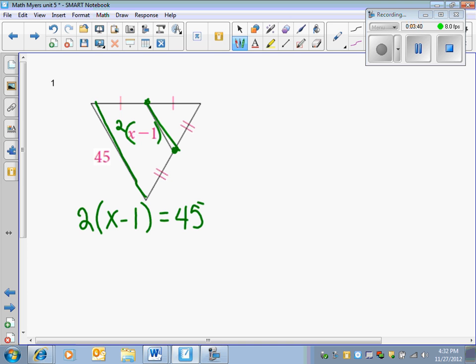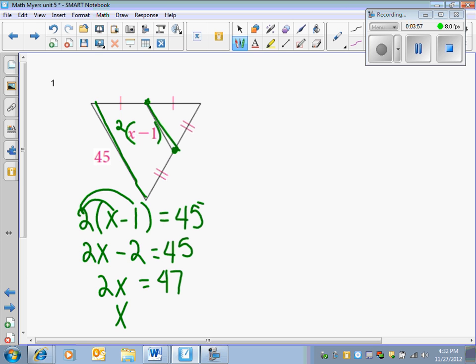Don't forget to distribute. 2 times x is 2x, and 2 times negative 1 is negative 2. And this is equal to 45. I add 2 to both sides, and I get 2x is equal to 47. Then I divide by 2 and divide by 2, and x is equal to 23.5.